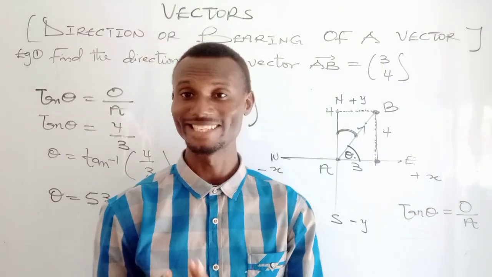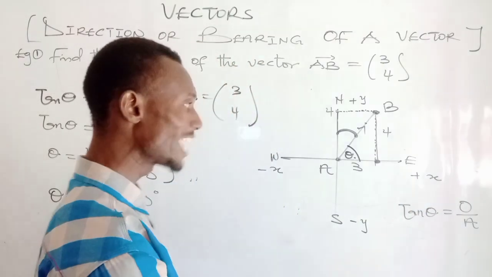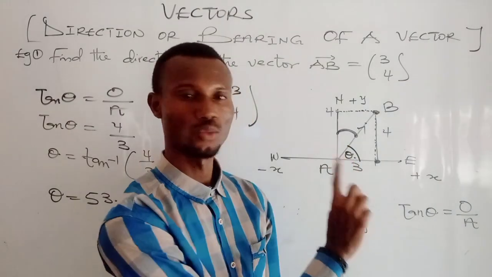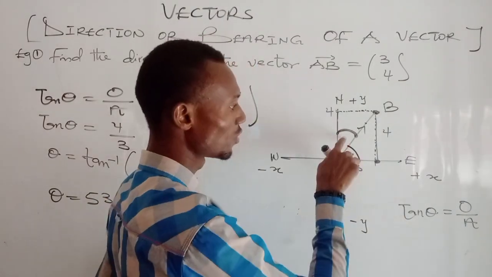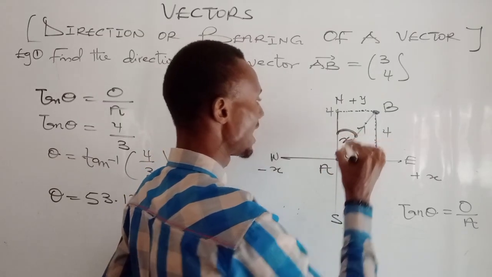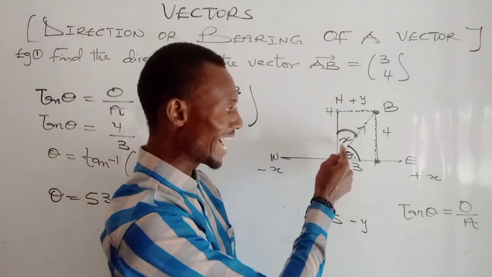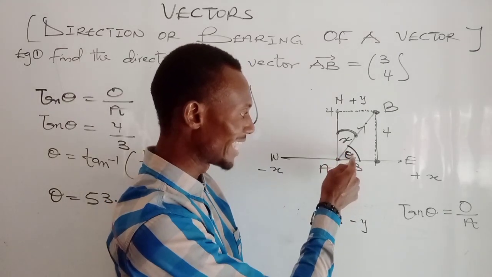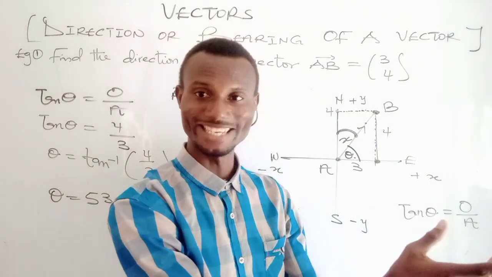I hope the explanation is clear enough up to this point. So the actual direction is when we read from the north and we end here. Since I don't know the angle here, I can just represent it by a variable, let's say S. So what that means is that the angle here, which is S, plus the angle here, which is theta, should give me 90 degrees.